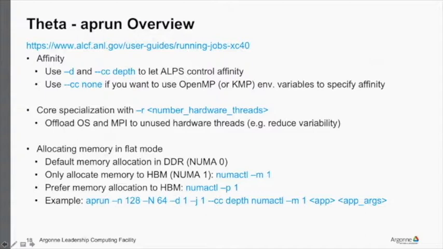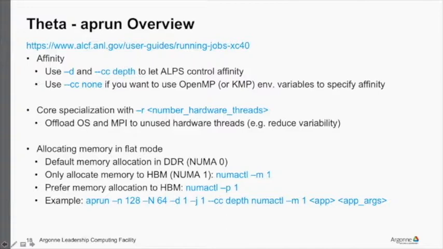And so a quick overview to repeat a few things, just to call more attention to them. With aprun, you can use dash d and the dash cc depth to let aprun have control over the affinity, which you can then control as in the examples I just showed. If you would like to control the affinity by some other means, you can use dash cc none, and maybe you can use OpenMP or the KMP type environment variables to control the affinity by that means.